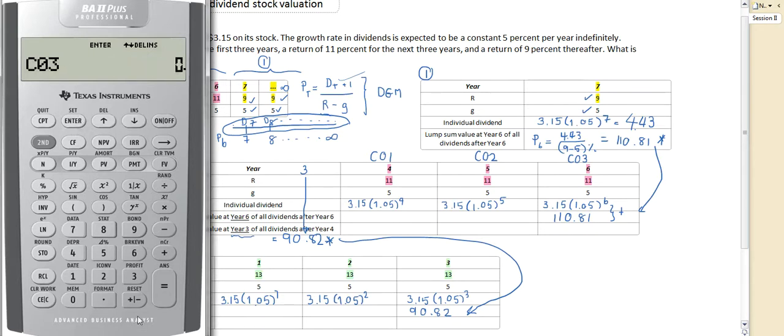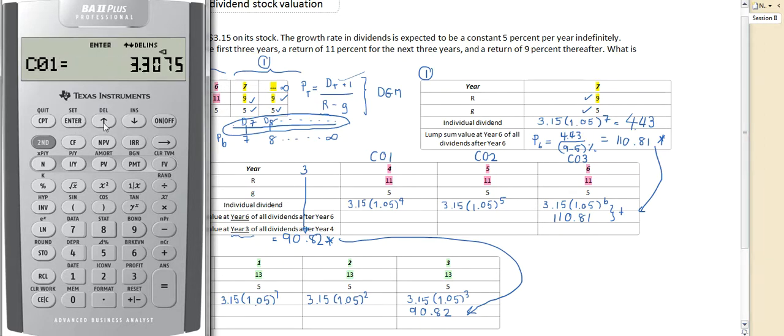And last one, CO3 will be 1.05 cube, right, equal times 3.15, okay, and then you add this with this part plus 90.82 equal and enter.